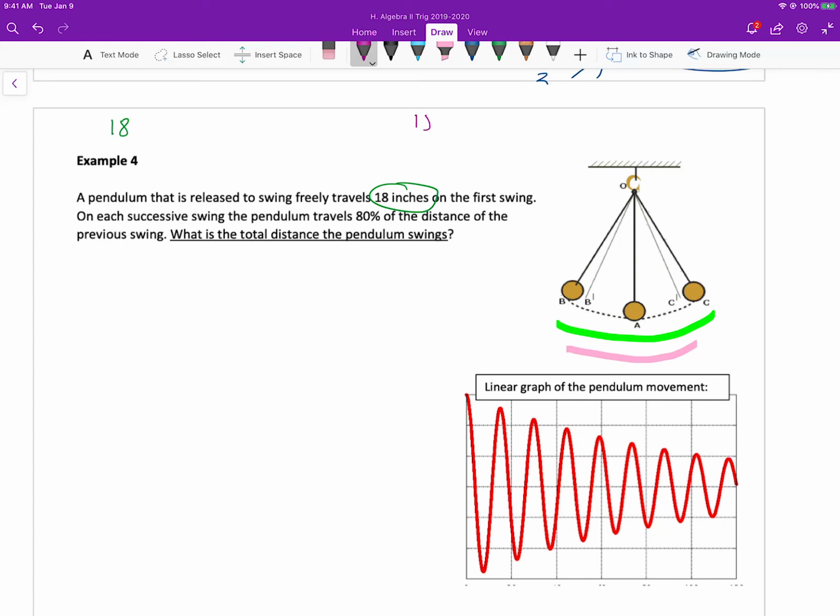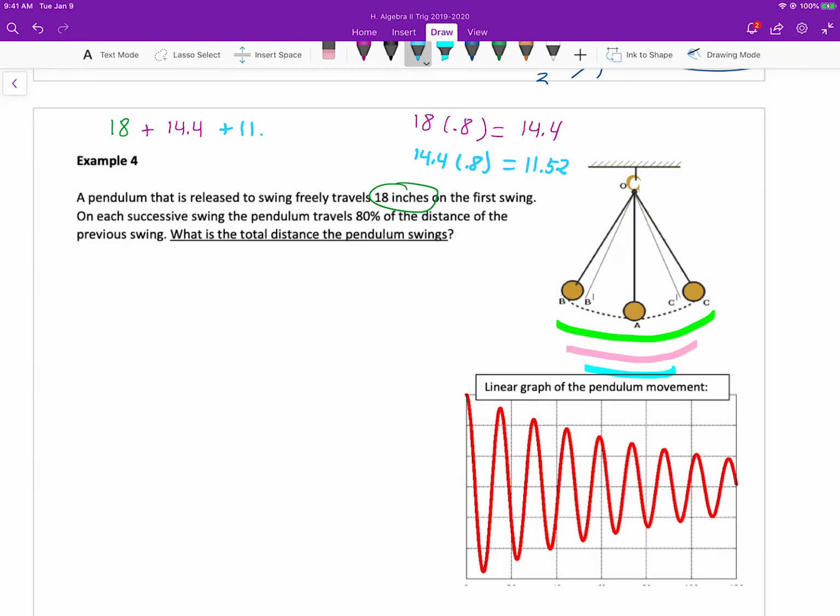So right now we have 18 plus 14.4. And let's see for the third swing what we do. It's going to be 80% of that. And 14.4 times 0.8, I have 11.52.